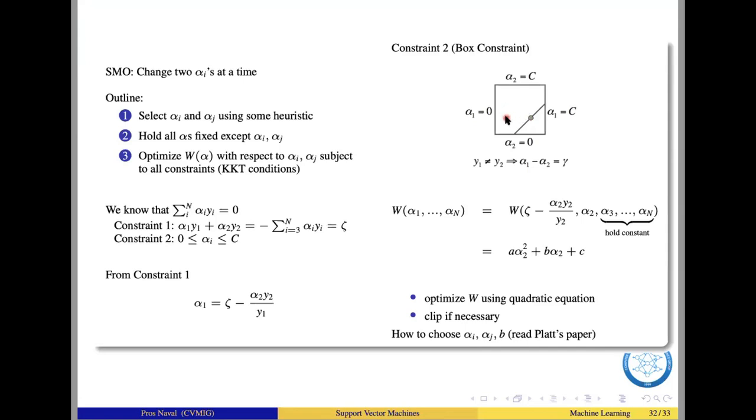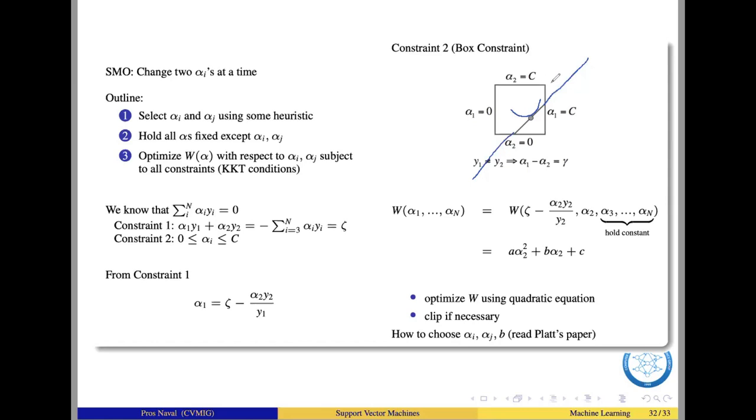So when you have a quadratic function, it goes like this, right? This extends, by the way. You're just following the box constraint.